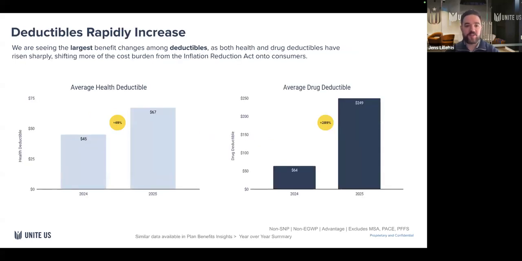And we can see some of this reflected in health plan deductibles as well. One of the byproducts of the Inflation Reduction Act is that they've actually gone up because of the caps on certain pharmaceuticals and drugs, so health plans have had to recoup those costs in other ways. And so they've done that by raising the drug deductible and health deductible to make sure that they can balance their books.